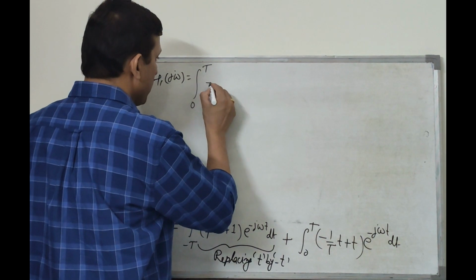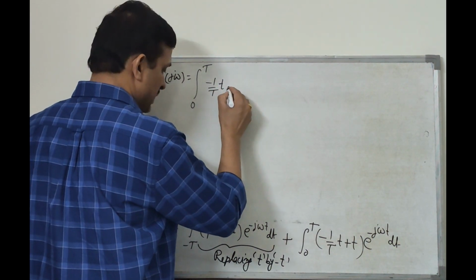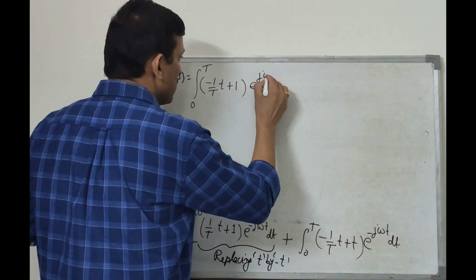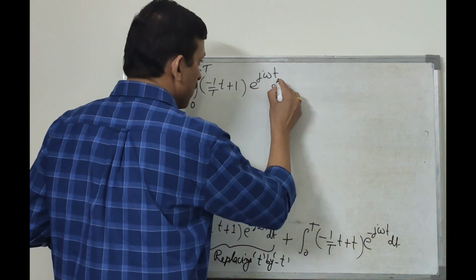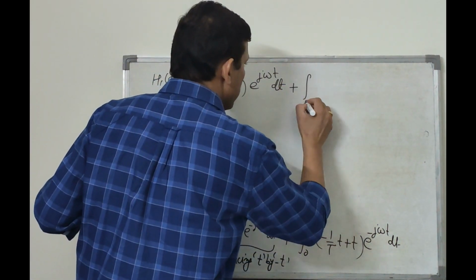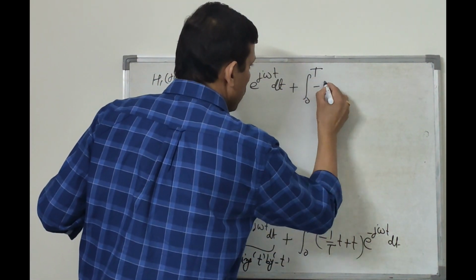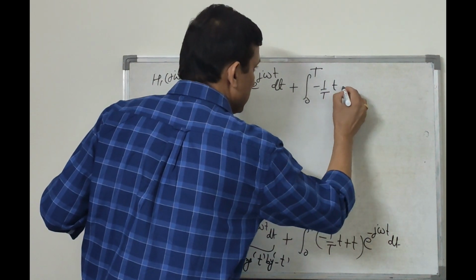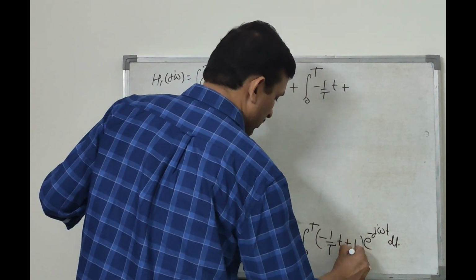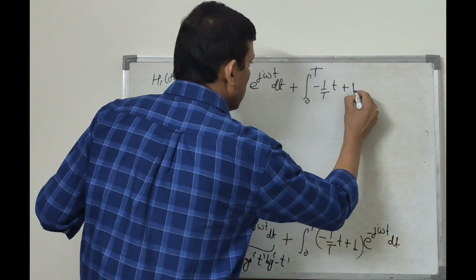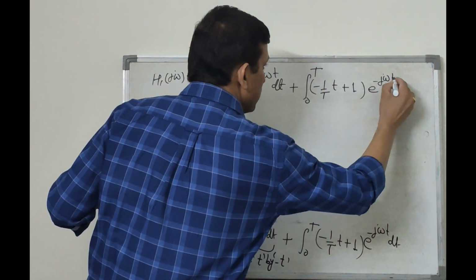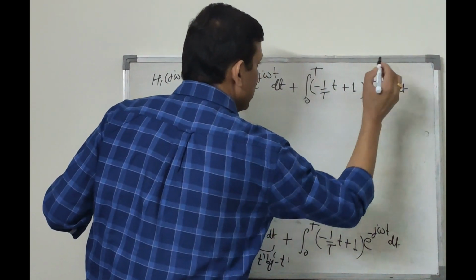Here it will be minus t upon T plus 1, e to the power j omega t dt. The next integral will be as it is, that is minus t upon T plus 1, e to the power minus j omega t dt.